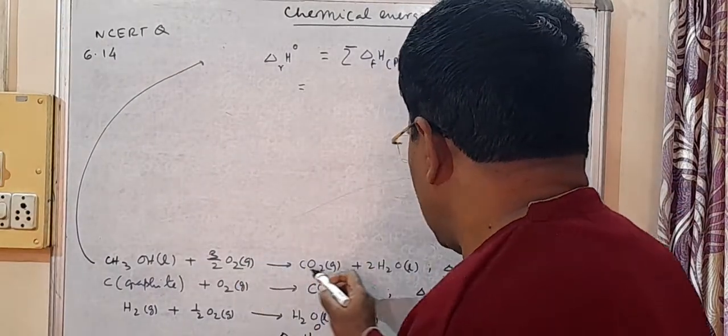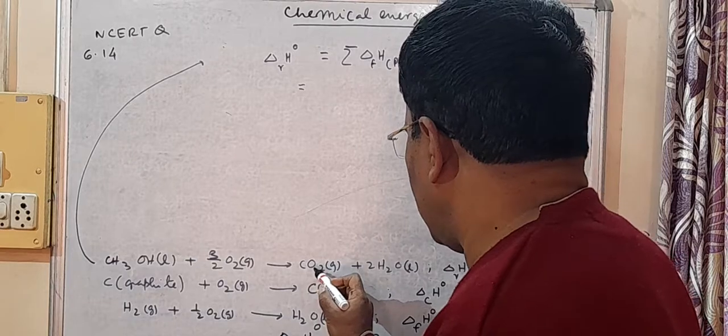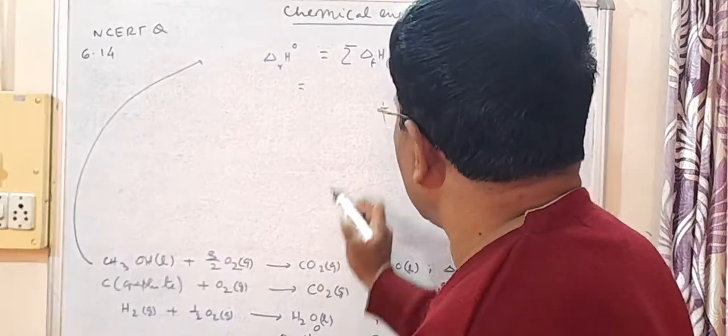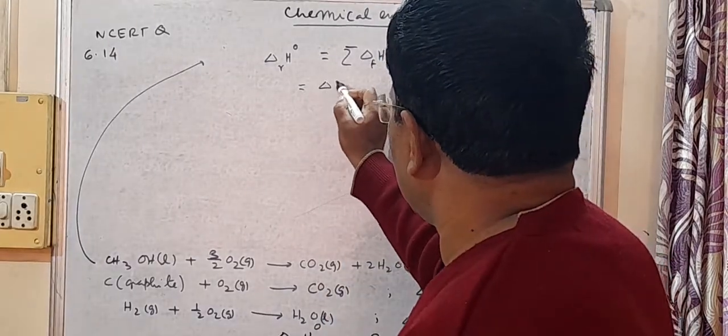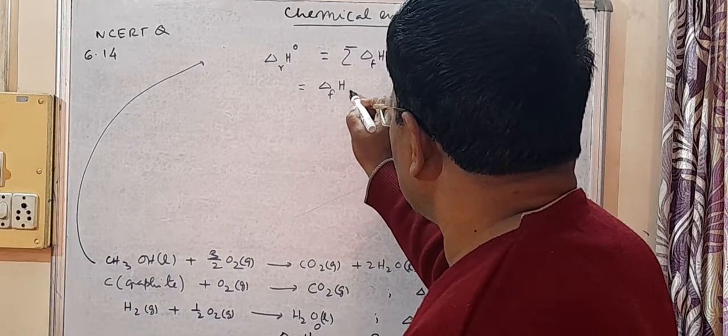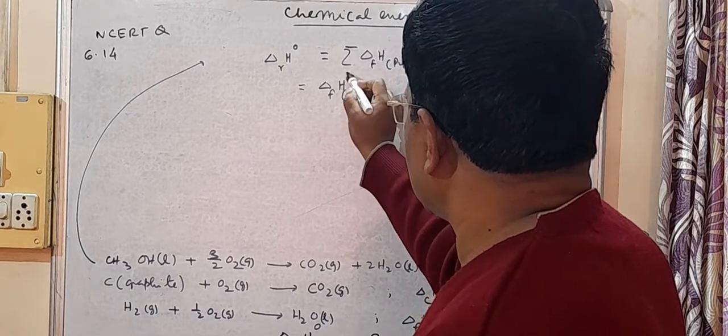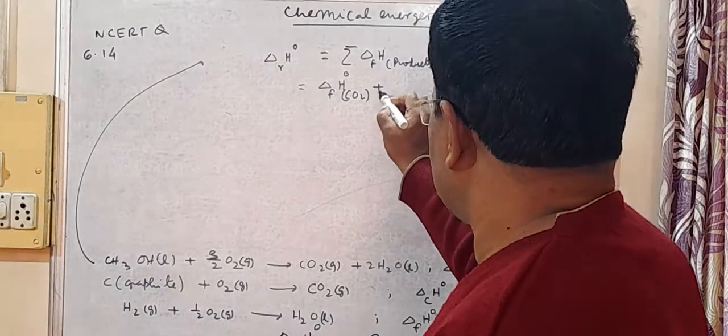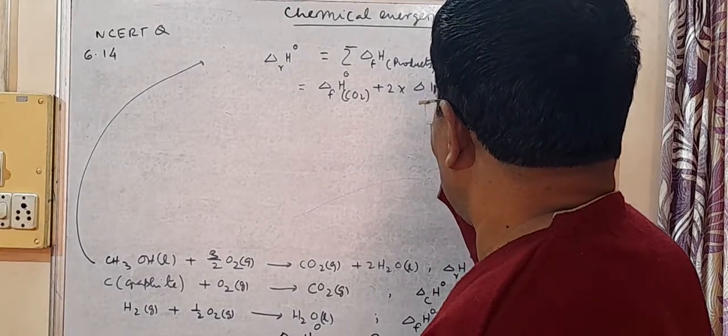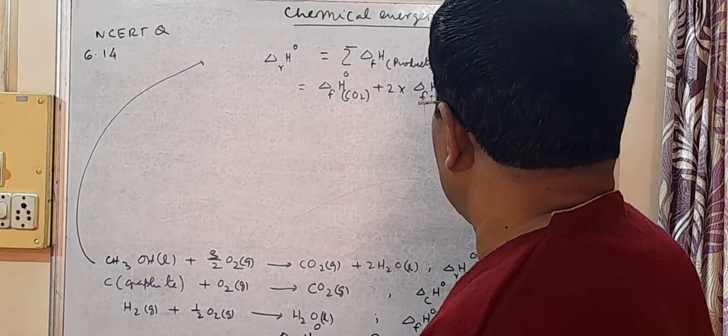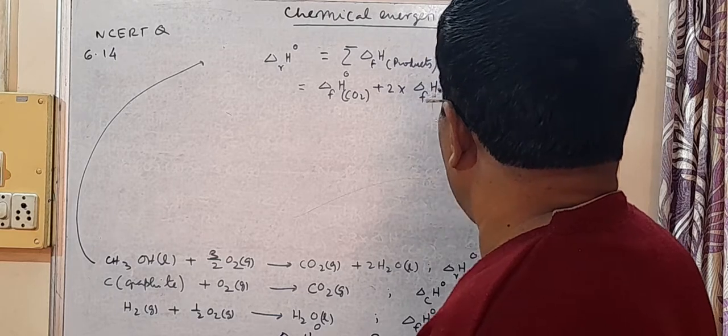and if we choose this equation, then you see we have product carbon dioxide, so we can write the standard enthalpy of formation of CO2 plus 2 into the standard enthalpy of formation of water.